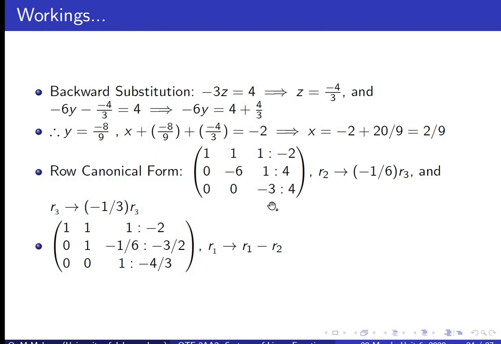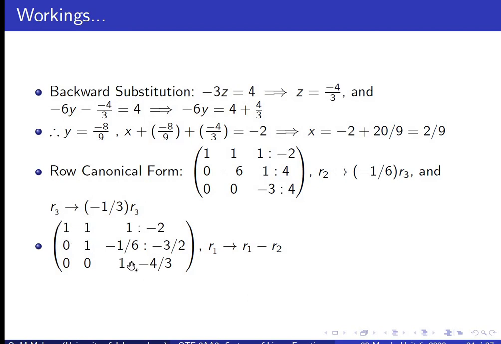And now this system is already in echelon form. If it's in echelon form, I can reduce it further to canonical form in order to read my solution off the matrix. As we have already alluded to, in order for our matrix to be in row canonical form, all the pivots should be 1, not necessarily the diagonals.